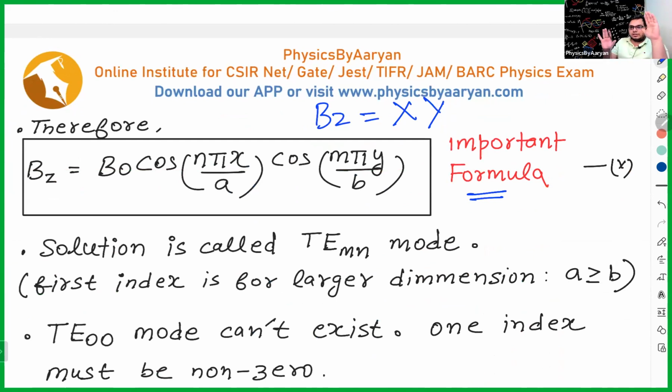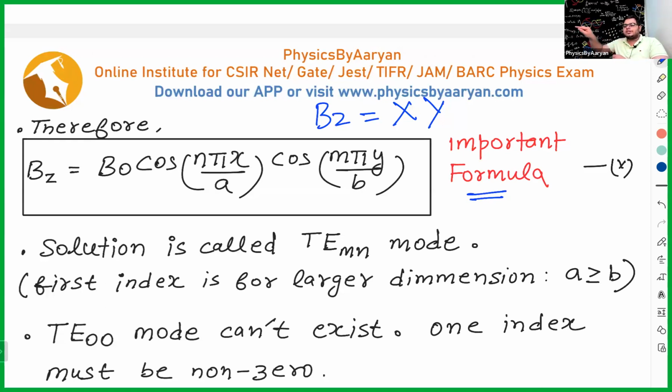So let me give you the summary points of this. We started by saying that whenever the wave is inside the waveguide, electric field and magnetic field are no longer transverse. They are longitudinal, some component can also be along the longitudinal side.